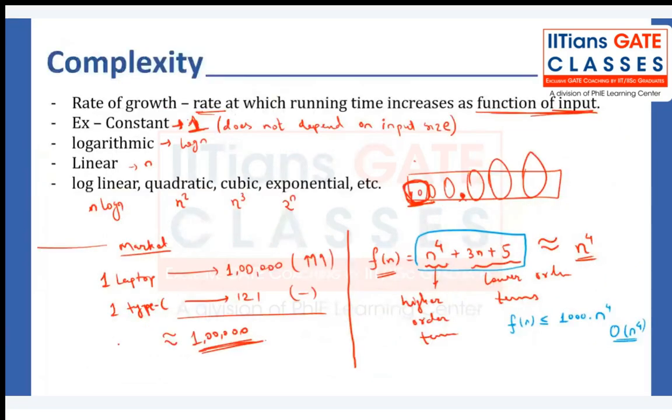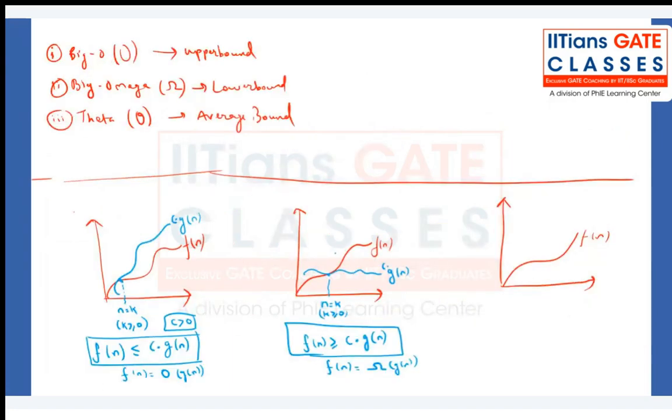Looking again at the same example, can I not say that f of n will always be greater than or equal to 0.5 into n to the power 4? Here the coefficient for n to the power 4 is 1, so this will always be greater than 0.5 into n to the power 4. So we can say that it is omega of n to the power 4. Can we not say that? Okay, good, thank you. So this is your omega and your big O.